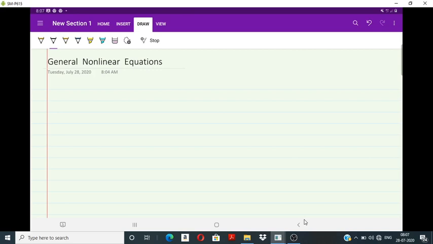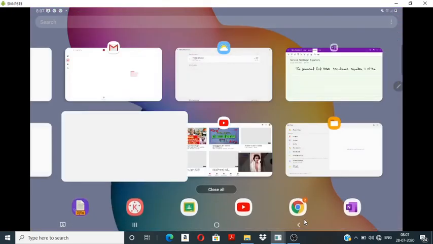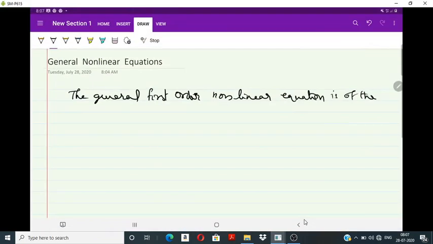We know that the general first order nonlinear equation is of the form f of x, y, u, ux, uy equal to 0.